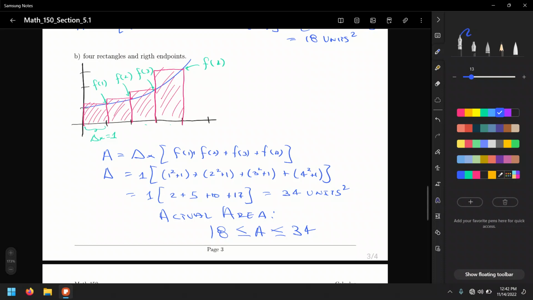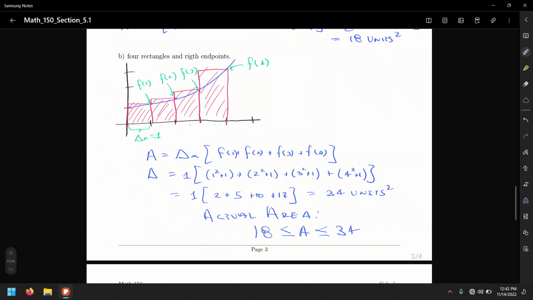Why is it pretty wide? Well, that's because we're just using 4 rectangles. If we were using more rectangles, say 8 rectangles, well, that would be taking a lot of time to calculate, but it's doable. We would have obtained a smaller number here and a smaller number there, actually closer to a center value.